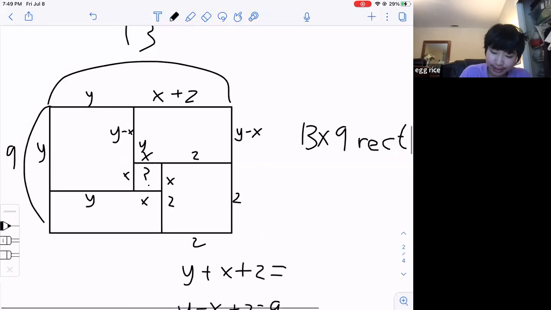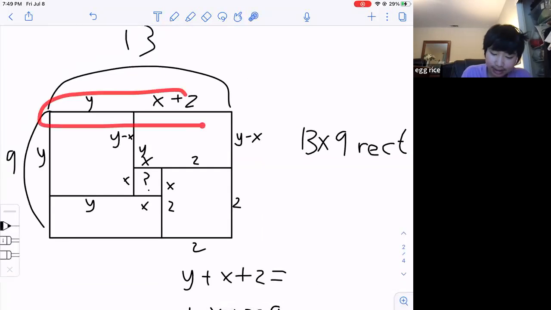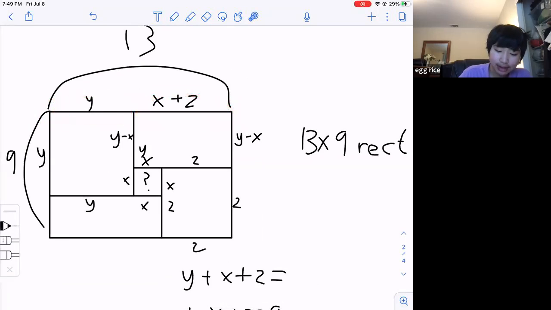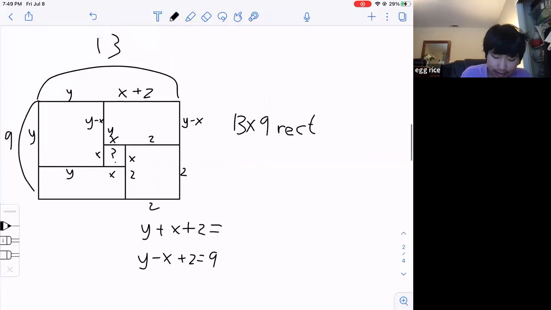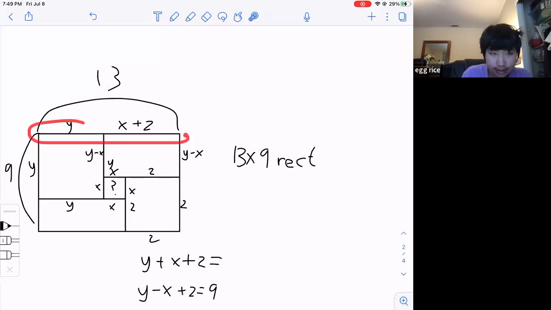And because this total length is equal to this little length plus this little length right here, we know that y plus x plus z equals the total length, which is, as we defined, 13.